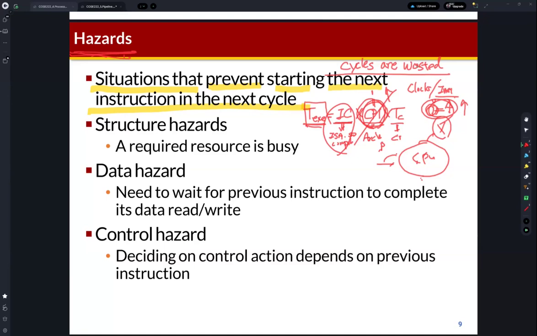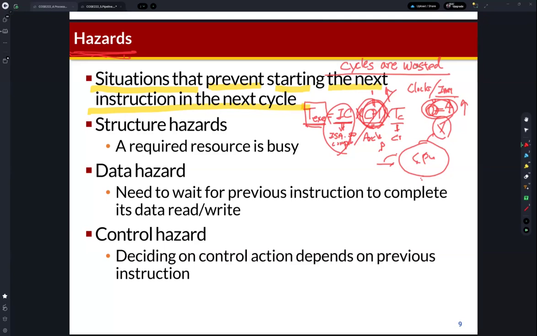In a single cycle processor design, we assume that the CPU completes the instruction execution within one clock cycle, so the CPI is one. But in a pipelined design, CPI can be increased. That's why we need to learn about performance issues like hazards in a pipeline processor.